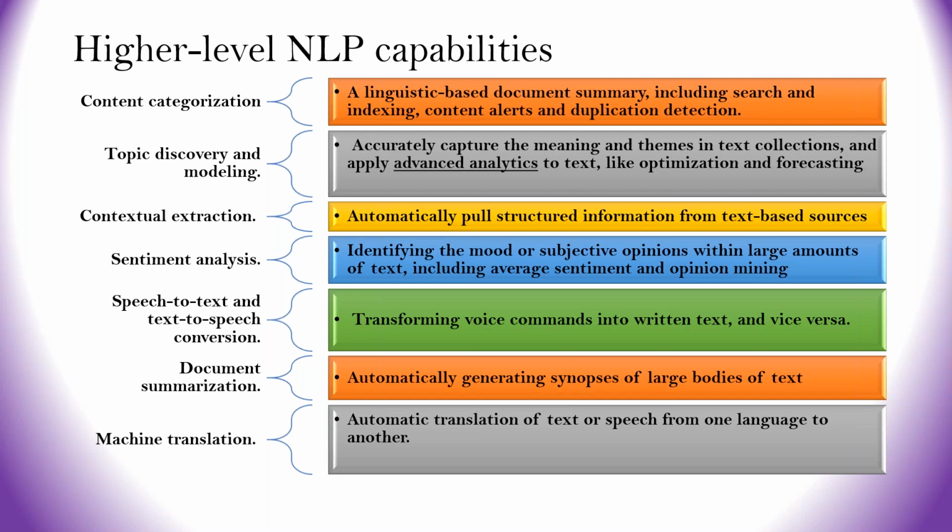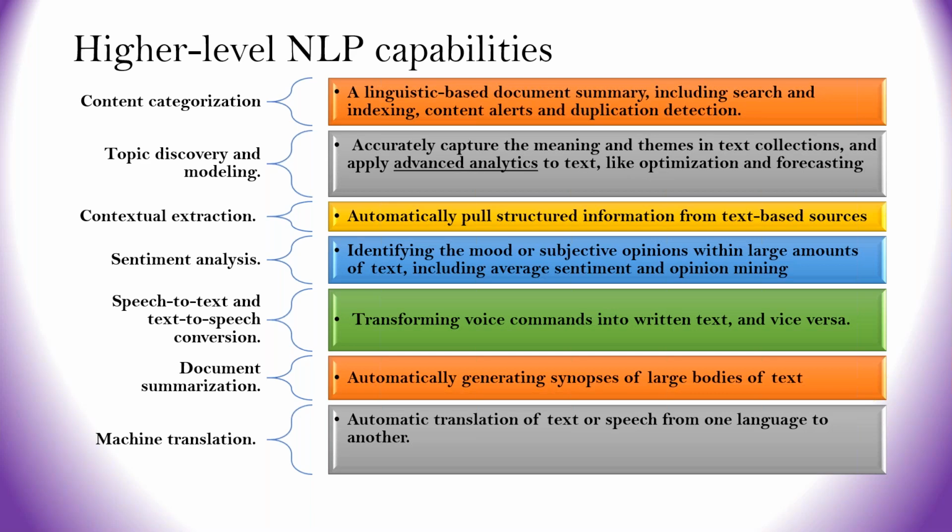Let's say a lot of documents like movie reviews are there, or sports reviews, or general election campaign reviews, where I would like to create a summary. We would go under the capability of content categorization. We first would like to know what type of content is there in the document, and then we would categorize them into different topics. Then we will generate a lot of summaries out of those contents. This is called content categorization.